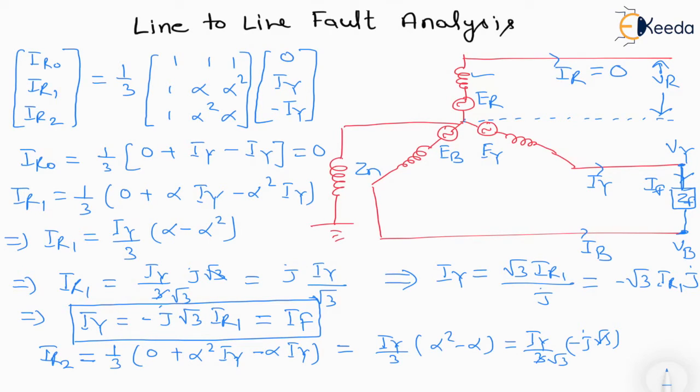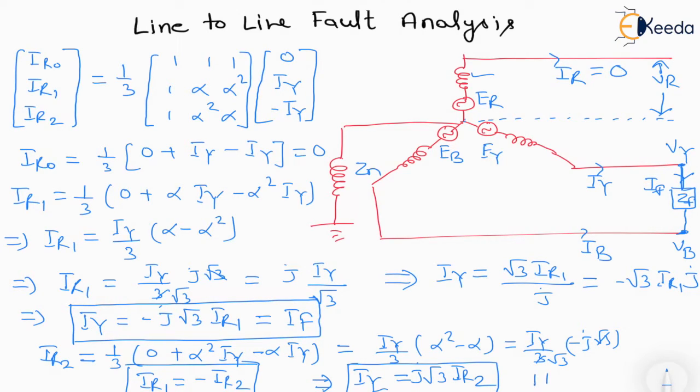So root 3 cancels out, and IY will be j root 3 times IR2. This has to be noted down, and also we can say that IR1 is equal to minus IR2. This thing we need to keep in our mind. The two things we got: IR1 is equal to minus IR2, and the fault current IY is equal to j into root 3 times IR2, or you can say mod of IY is equal to root 3 times IR1 or IR2.